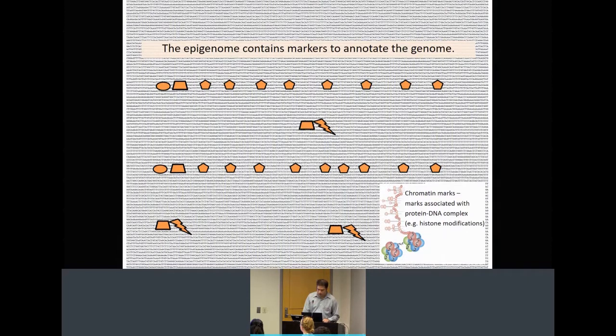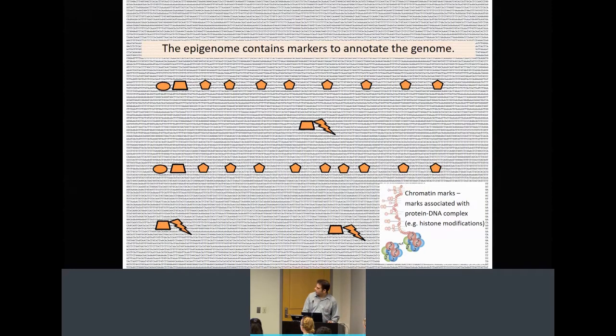So these are modifications to the amino acids of the nucleosome proteins which the DNA is wrapped around. And there's different types of chemical modifications in terms of methyls and methylation, and also specificity in terms of the number of occurrences in which specific amino acid residues are modified.